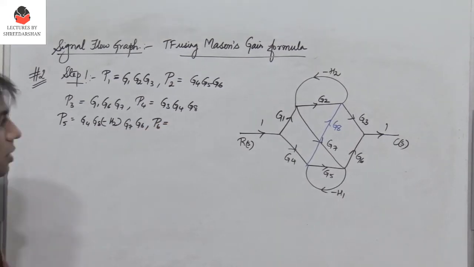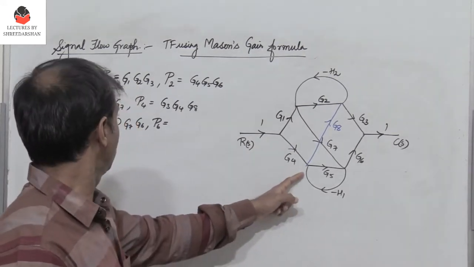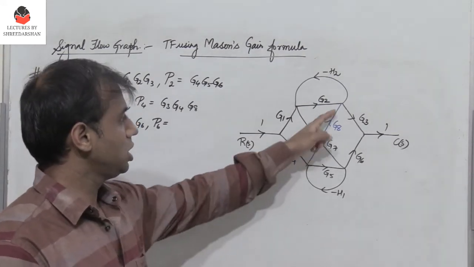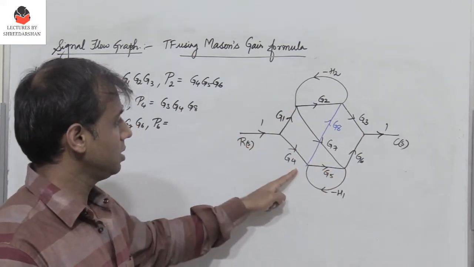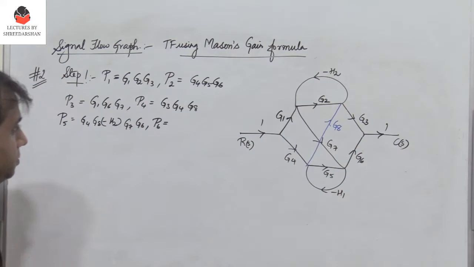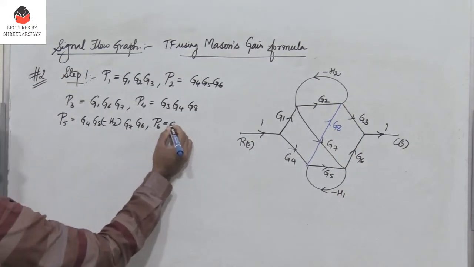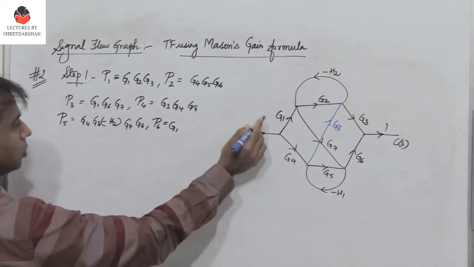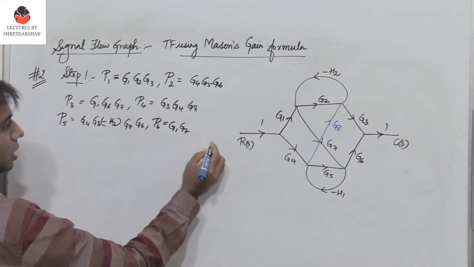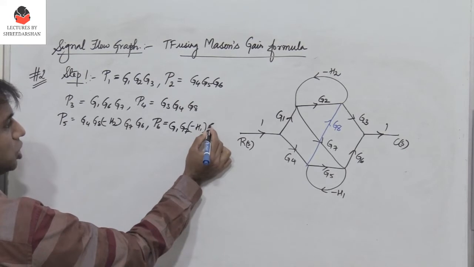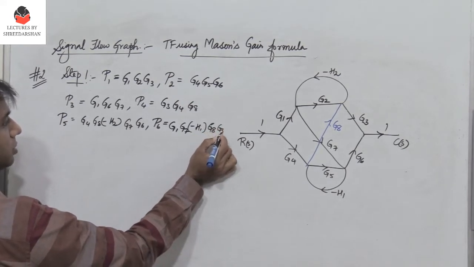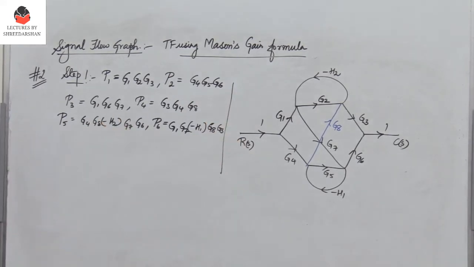Similarly we have one more, G1, G7, minus H1, G8 and G3. So these are the forward paths. We find that there are only 6 forward paths.